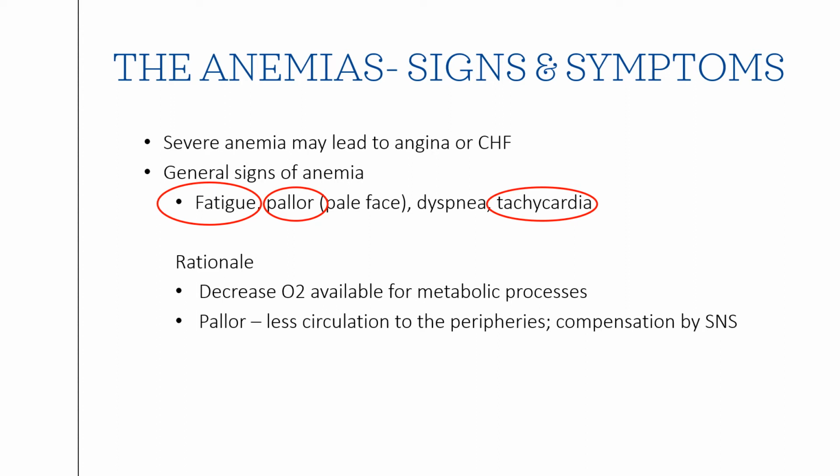Most patients, once they are anemic, it's a no-brainer that more often than not, you will find the patient to be tachycardic. And why is your patient tachycardic? Again, look at that SNS compensation. Once catecholamines are released, they're not only going to attach to alpha-1 receptors in the blood vessels, causing vasoconstriction, but they're also going to attach to beta-1 receptors in the heart, where they're going to increase the heart rate.